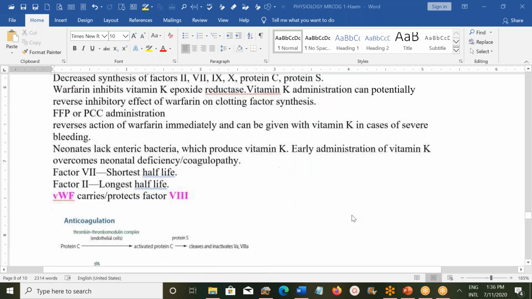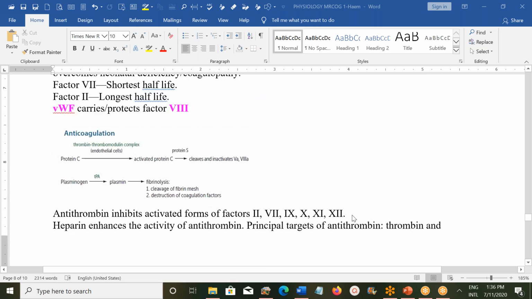So these are the important points. And then about the lysis of the clot, how it will take place or how anticoagulation will take place. Plasmin is formed from plasminogen by the action of thrombin, activated factor 12, and the lysosomal enzymes. Plasmin is a proteolytic enzyme, so it is going to digest the fibrin.